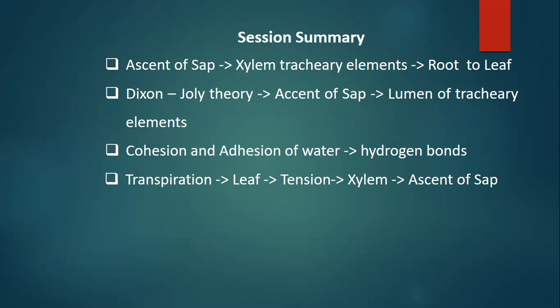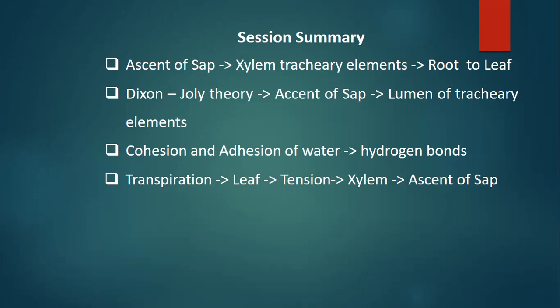The Dixon and Jolly theory, also known as the transpiration pull theory, is a well-explained theory for the ascent of sap, and the lumen of trachea elements is involved in this process. An important feature of the transpiration pull theory is the cohesion and adhesion of water molecules due to hydrogen bonds.